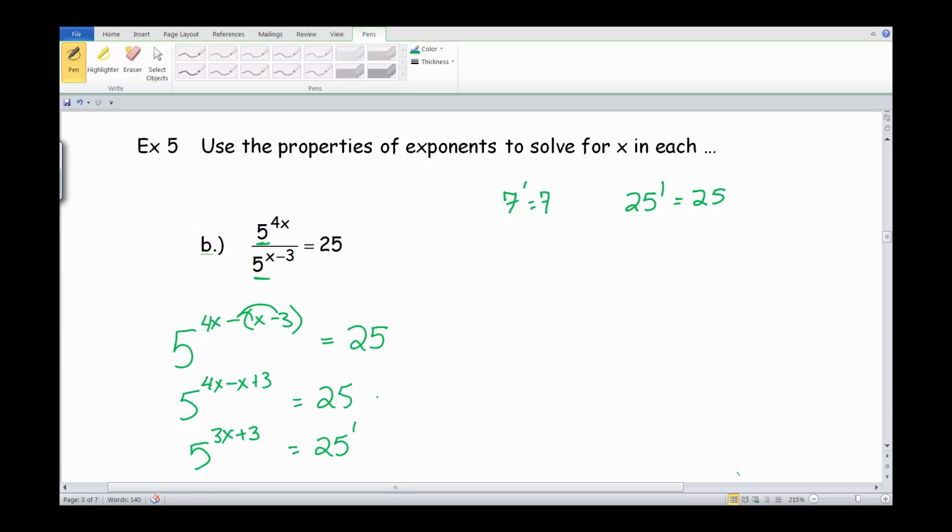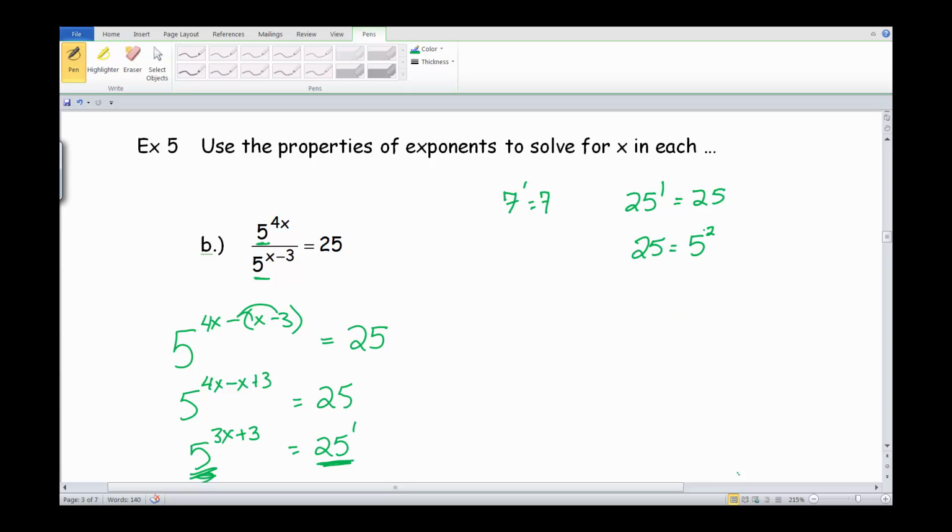The reason why that comes in handy is because right now they do not have the same base, but we can manipulate this so that they do have the same base, in this case 5 that we're looking for. One way that we can rewrite 25 is 5 times 5, or 5 squared.